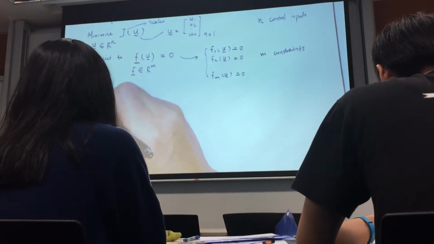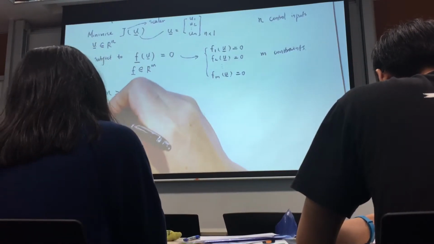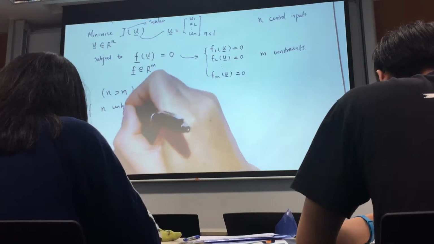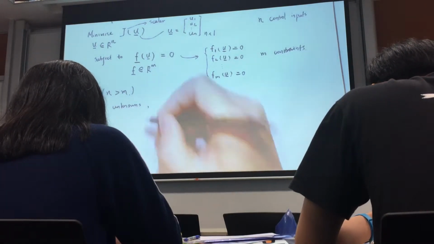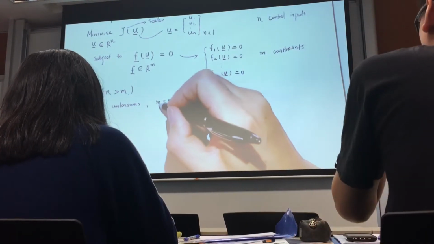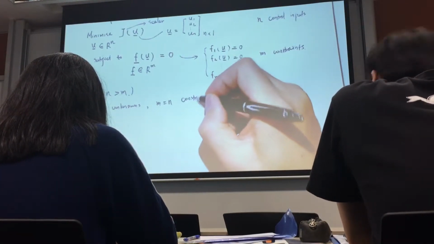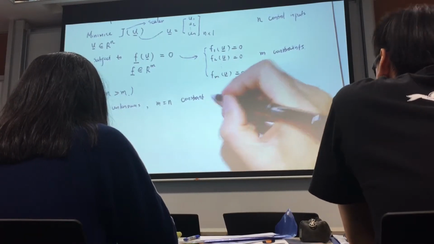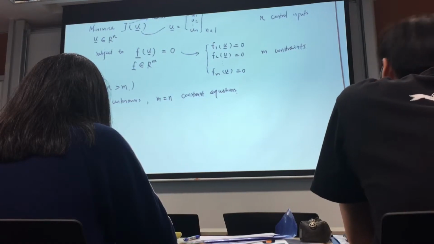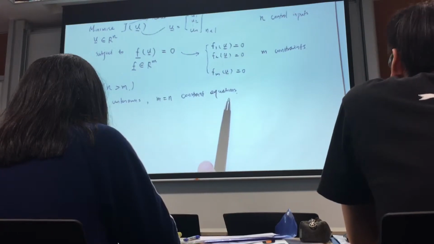For example, if we have n control inputs, or say n unknowns, and we have m equal to n constraints, the constraint equations, that means the number of unknowns is equal to the number of equations.